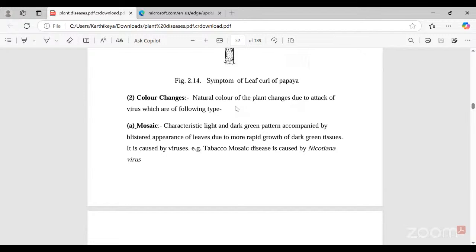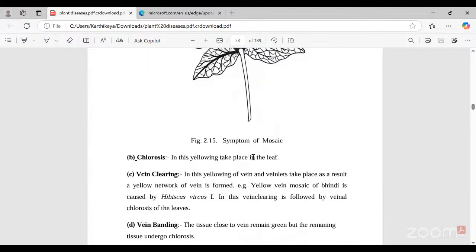The blistered appearance of leaves is due to rapid growth of dark green tissues. It is caused by viruses. The best example is tobacco mosaic disease caused by Nicotiana virus.